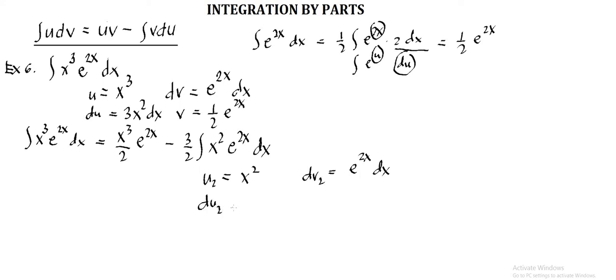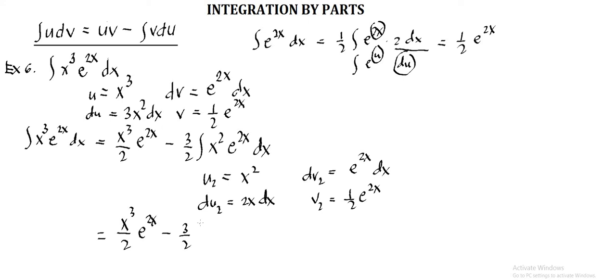Then our du 2 equals 2x dx. And our v sub 2 equals 1/2 e to the 2x. Okay? So, karoon tayo ng x cubed divided by 2 e raised to 2x. And then minus 3/2.